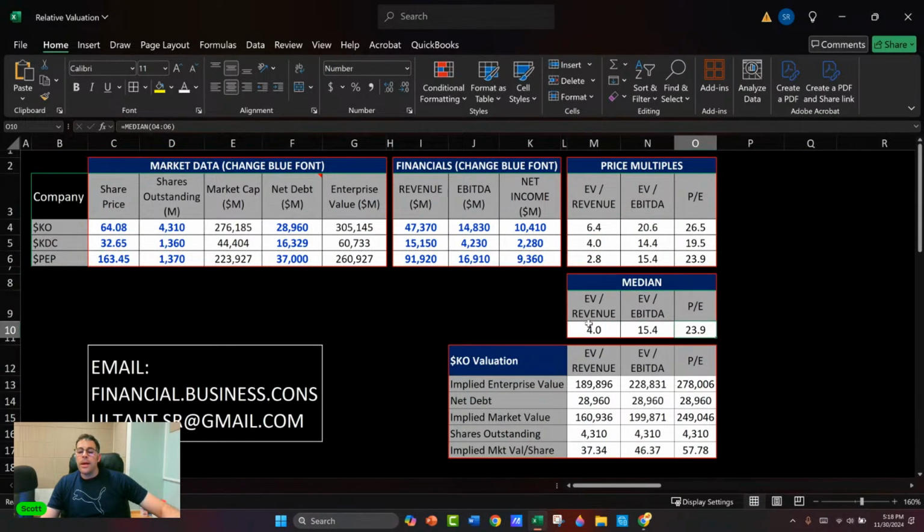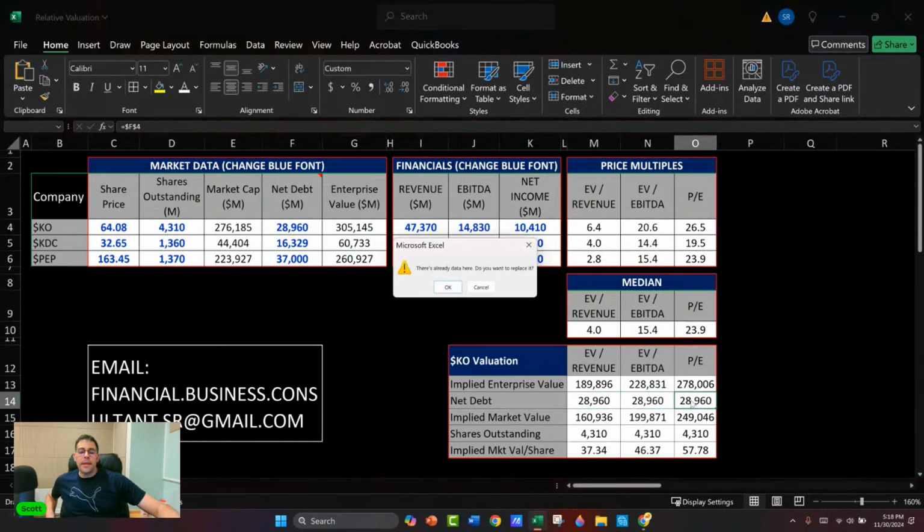So you're getting the industry median. And if this was a larger sample size, it would make a little more sense. And then you're applying the industry median to Coke's revenue to see how much they should be worth, like their implied value, if they traded at the same multiple as the industry median.